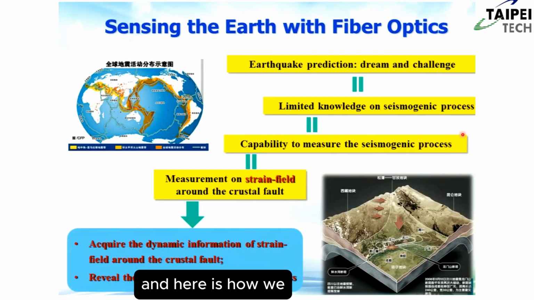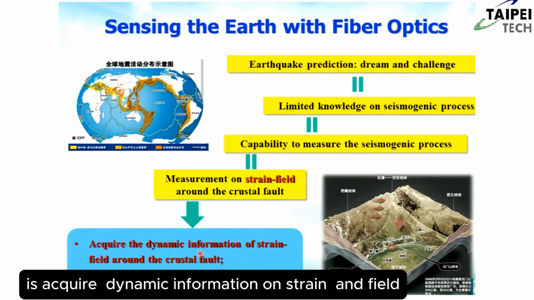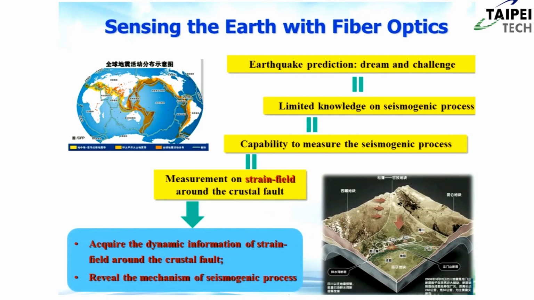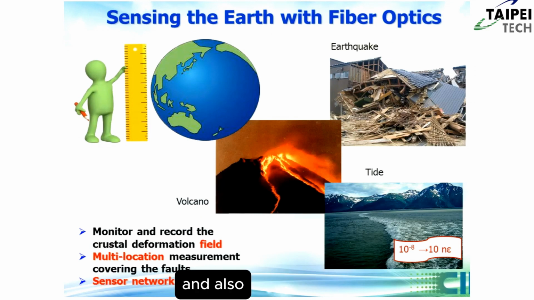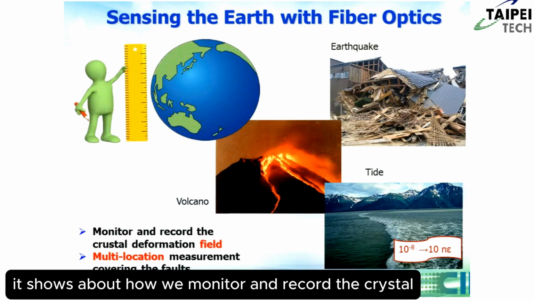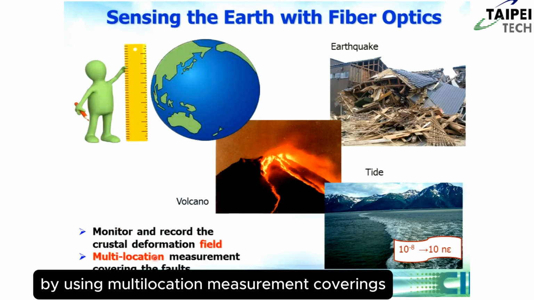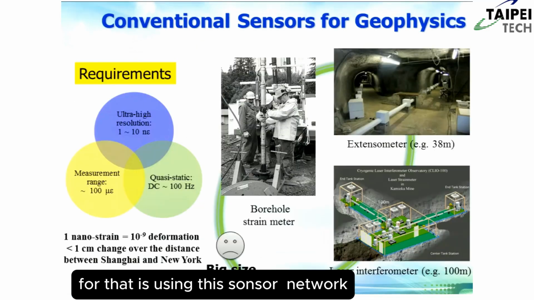It is about acquiring dynamic information on the strain field around critical faults and revealing the mechanism of the seismogenic process. It also shows how we monitor and record the crustal deformation field using multi-location measurement covering the fault, using this sensor network.